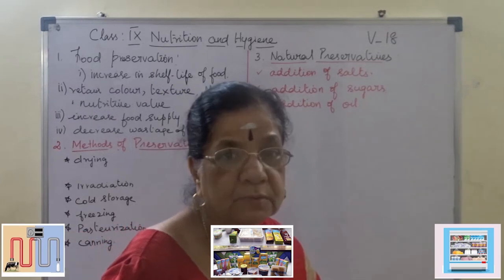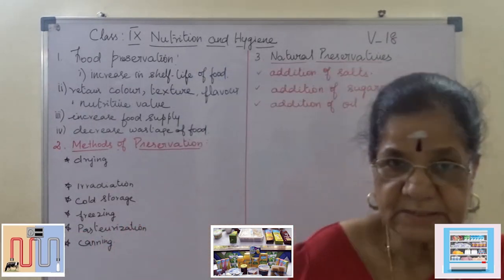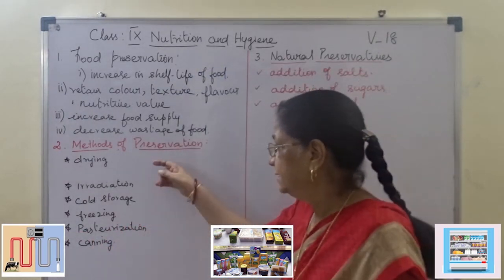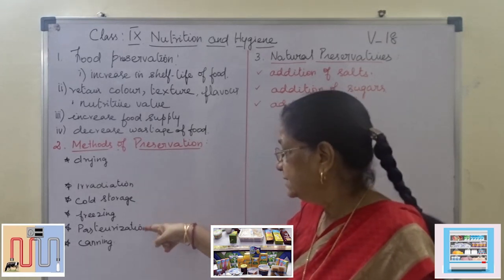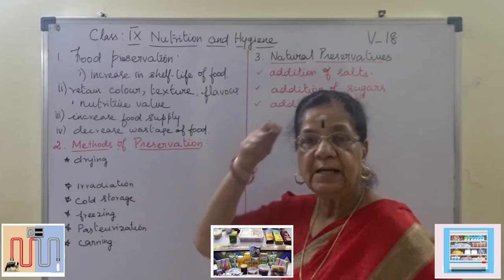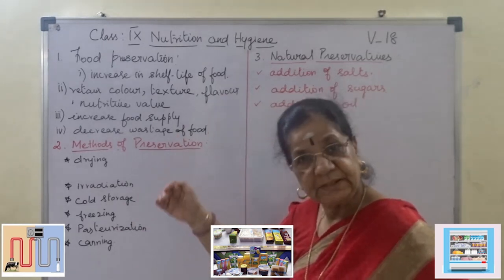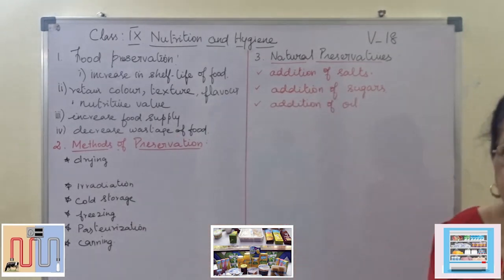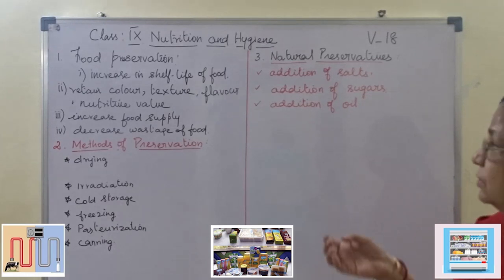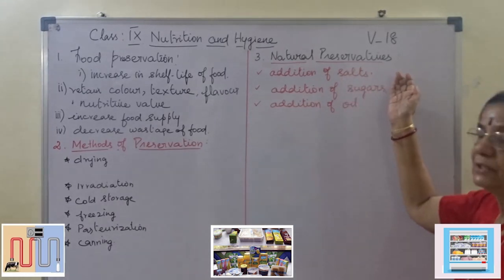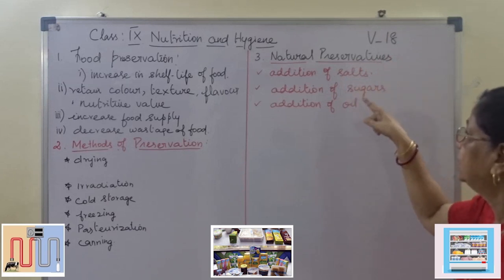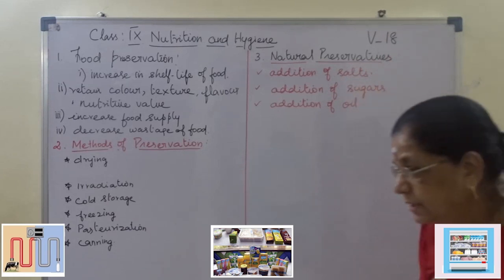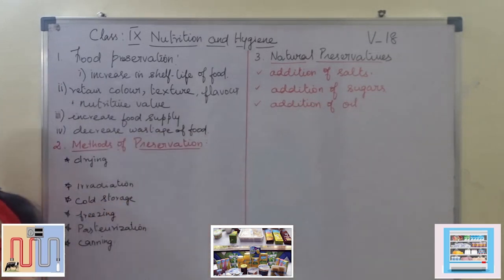So we have methods of preservation as drying, irradiation, cold storage, freezing, pasteurization and canning. In the methods, what are the preservatives we are adding? One of the natural method of natural preservatives as addition of salt, addition of sugar and addition of oil.